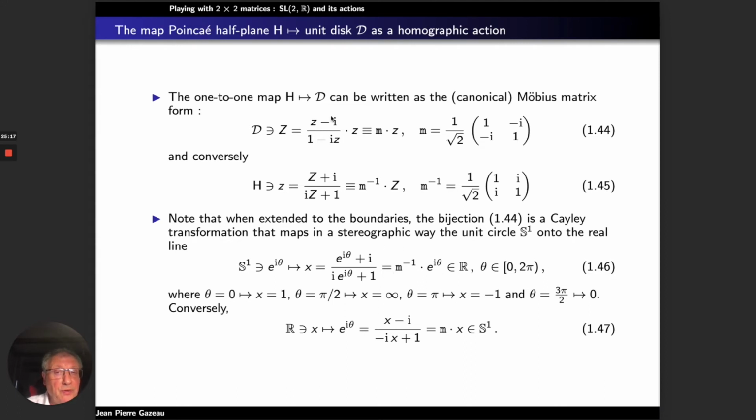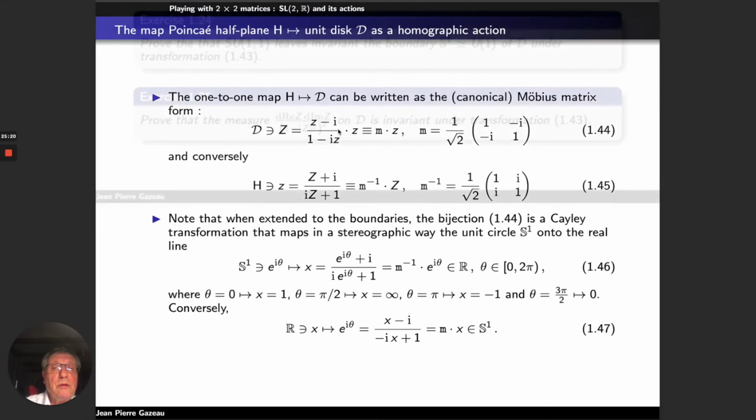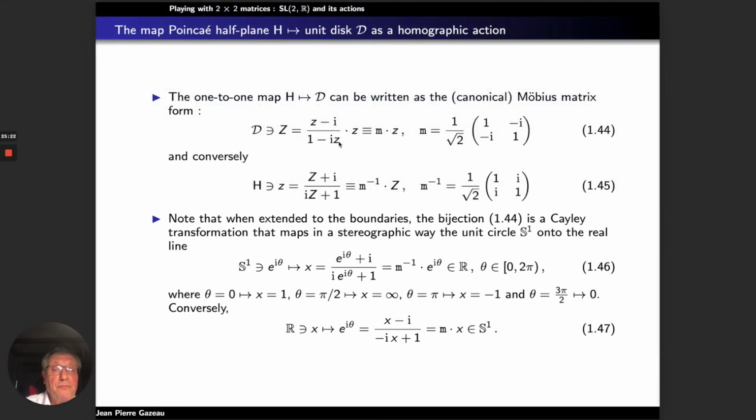So this kind of map transforms the real line into the unit circle and conversely transforms the unit circle into the real line.